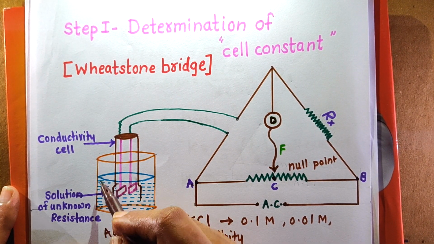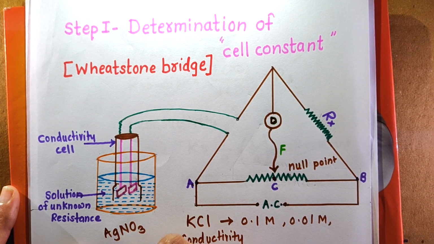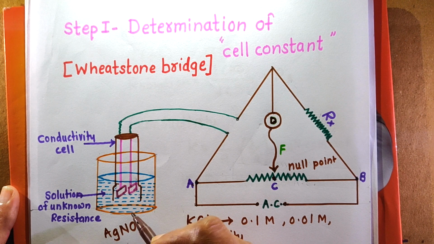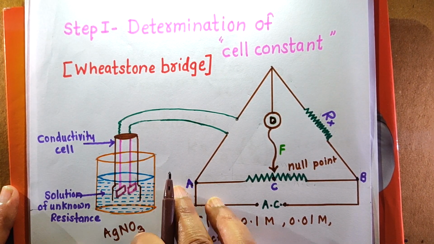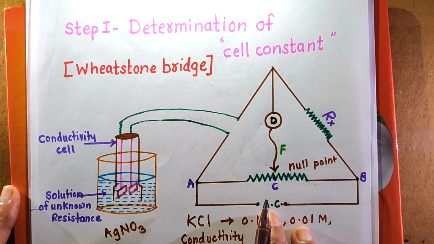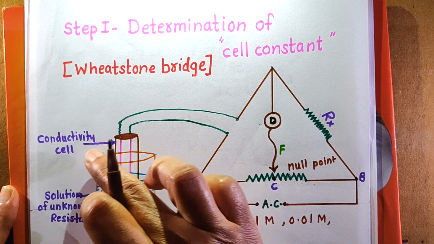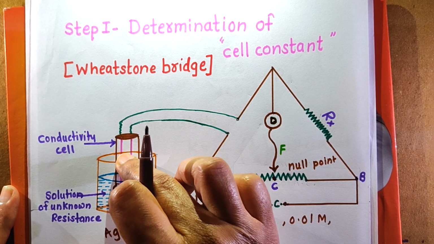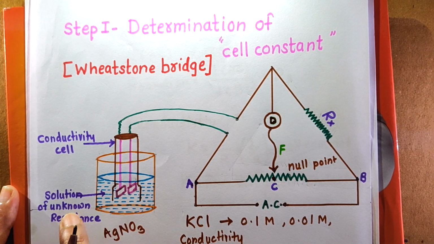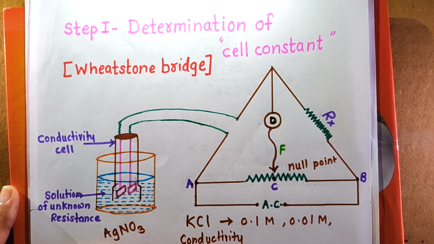We have to remove this solution from the circuit and take another beaker containing AgNO3 solution whose conductivity we have to determine. The same experiment we have to repeat, but here we now know the cell constant of this conductivity cell, and by using the same cell we can determine the conductivity of the other solution.